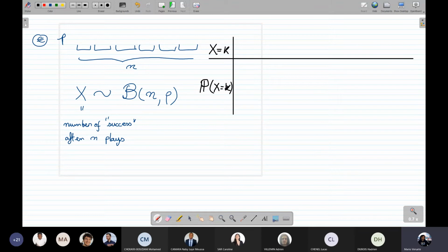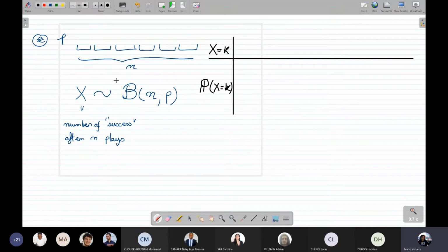So k can be, okay, let's ask someone, maybe Loris Le Métayer. So X is the possible number of successes after playing n times.